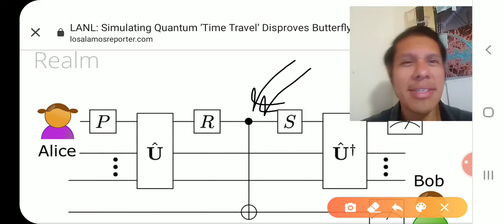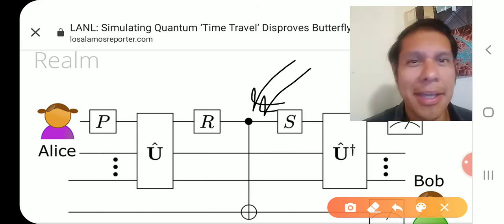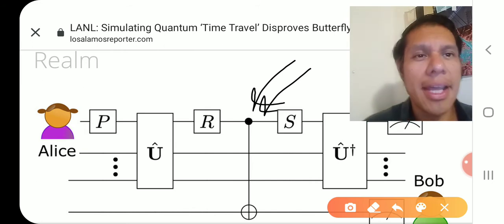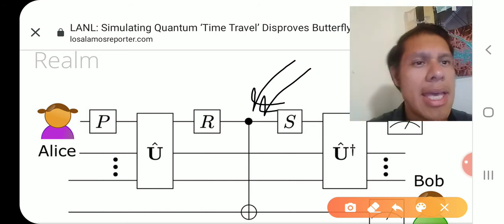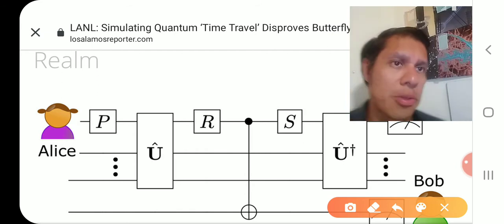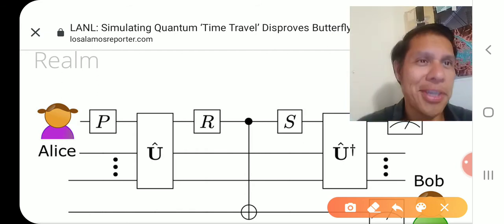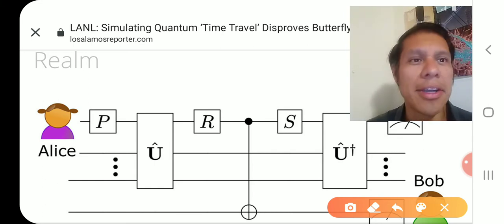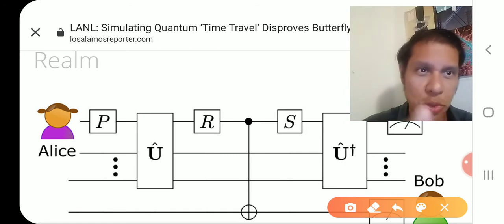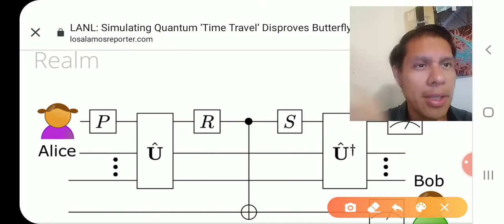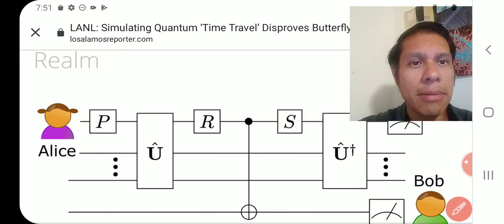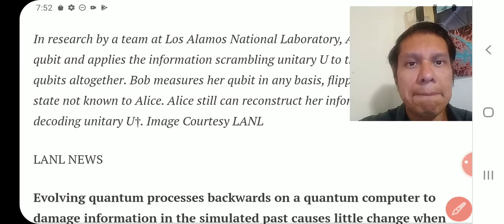So in a way, it's kind of hidden. I'll come up with the analogy a little later. Now, notice there is an S gate right there after that. That's a flipping gate. This paper doesn't say that. It's a flipping gate. And then it goes into U dagger, which is supposed to turn it back.